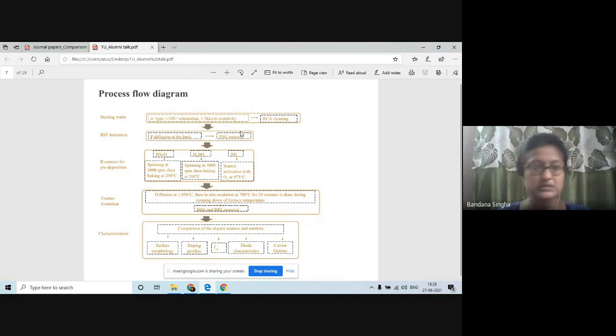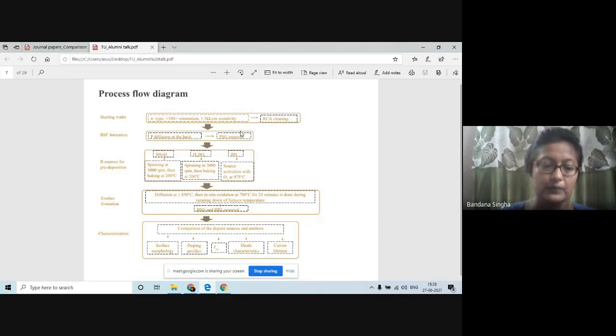In that process of deposition and diffusion, when the rate of deposition or the amount of boron dopants present on the emitter surface is higher than the rate of diffusion of boron inside the samples during emitter formation, then boron precipitates occur on the emitter surface. There are several techniques which we adopt in the process itself.